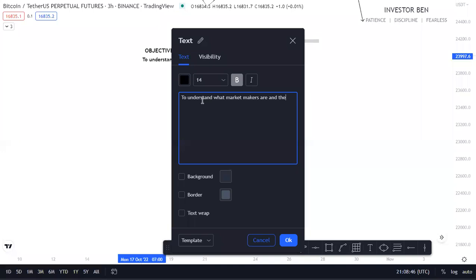This is one of their aims, to understand what market makers are and their objectives. This is one reason. And the other one is to understand how the market makers manipulate or move the market.